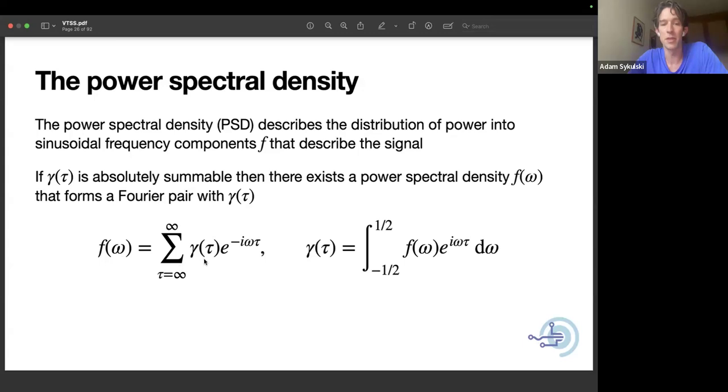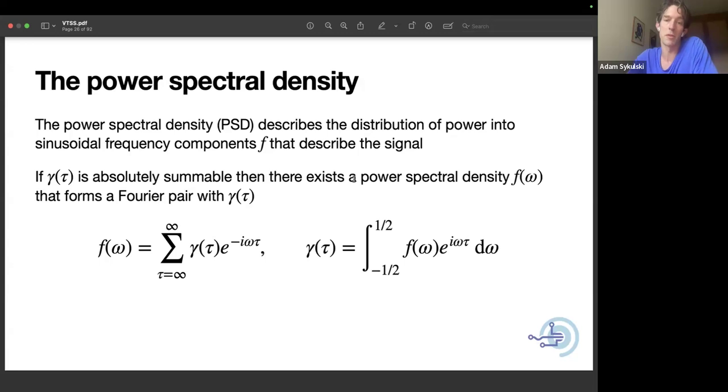So F can be simply written as the Fourier transform of gamma over this infinite sequence of lags. So we're still in a theoretical construction here. And then simultaneously, gamma can be recovered from F by an inverse Fourier transform. So there are two sides of the same coin comparing F and gamma.